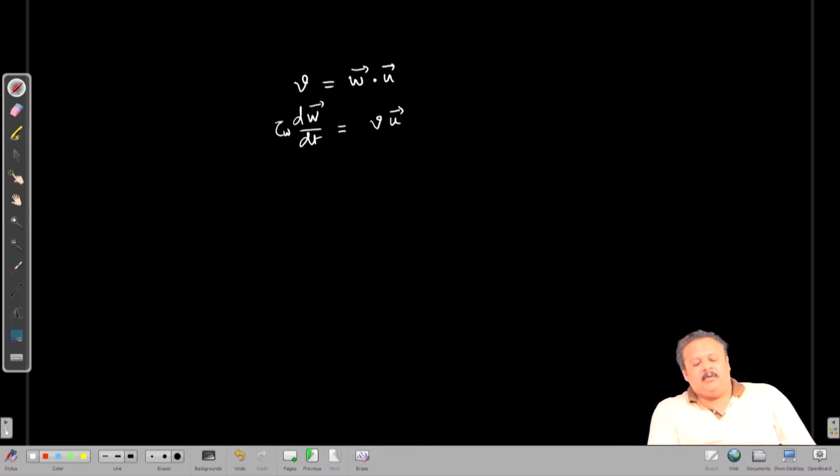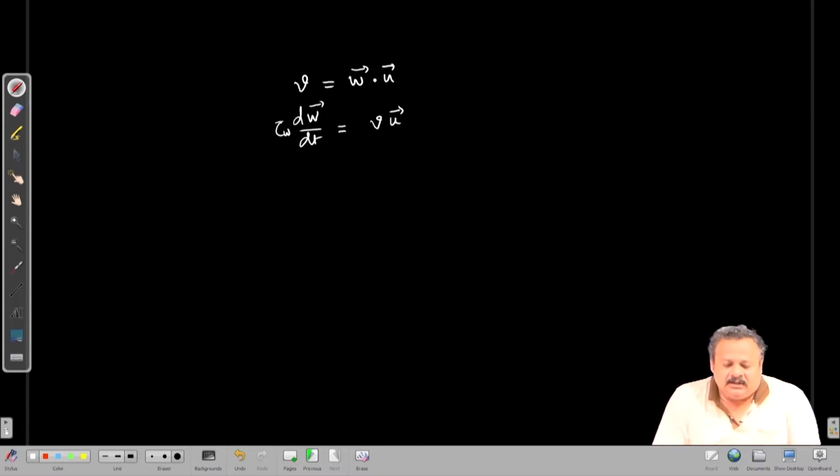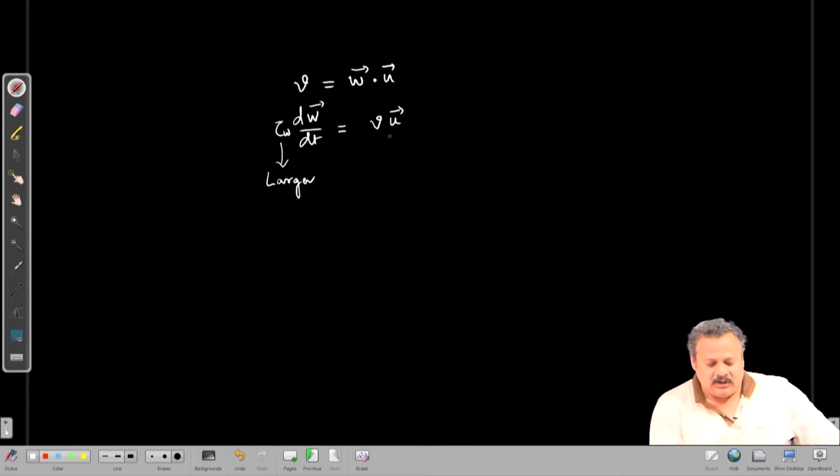So, V times U, and there is a time constant based on which, I mean, that is the dynamics of the W, how it reaches the changed value, and this tau W is much larger than how the patterns of input are being presented. So, the weight is changing slowly.